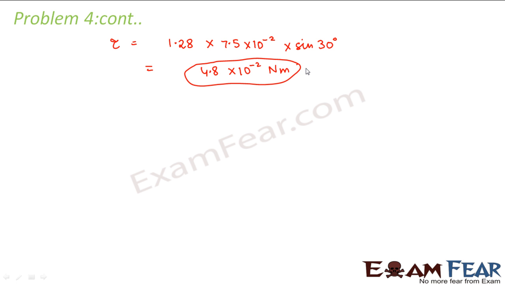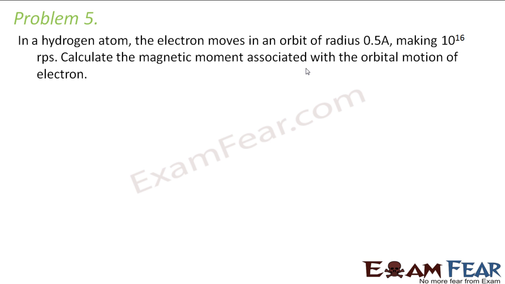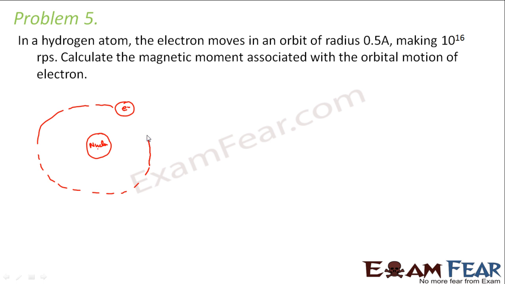I hope that the concepts are getting clearer as we are solving some problems, right? So let us go ahead and look at another problem. It says that in a hydrogen atom, the electron moves in an orbit of radius 0.5 angstrom. Let us suppose this is the nucleus, and this is the electron, and this is the orbit.